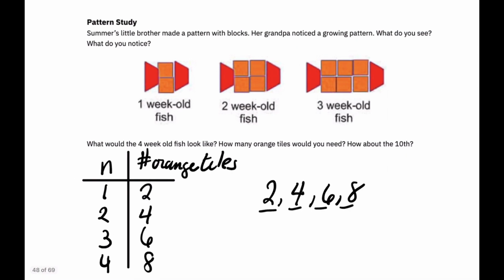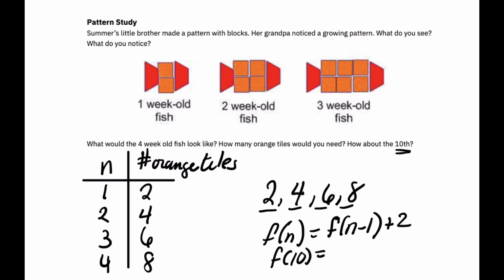So in a case like this, if I wanted the 10th number, I could define this, f of n, as I need to know what the 9th number is. And then I know I'm just adding 2 to it. So if I want the 10th, I have to find the 9th one, f of 9, and then I can just add 2. That's the goal here.